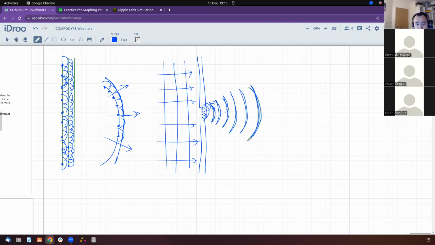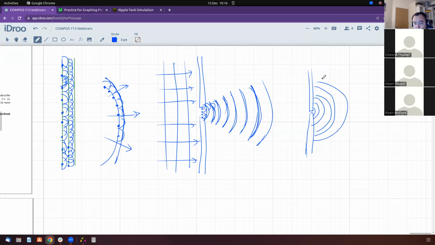And actually, the narrower the slit, the wider they will be spread out. So for a very narrow slit it is just like this. Okay. So every point becomes a source of waves. These add up like this, and you have waves spreading out. So this is diffraction.